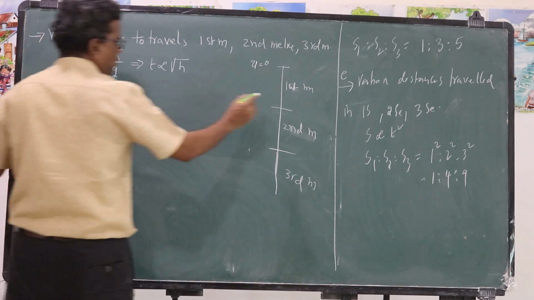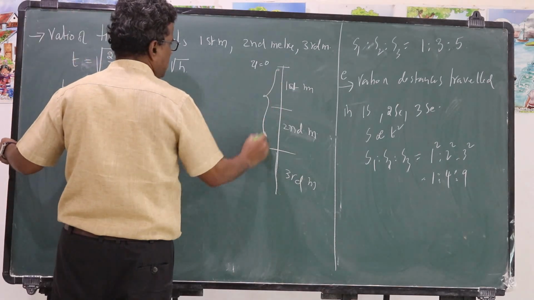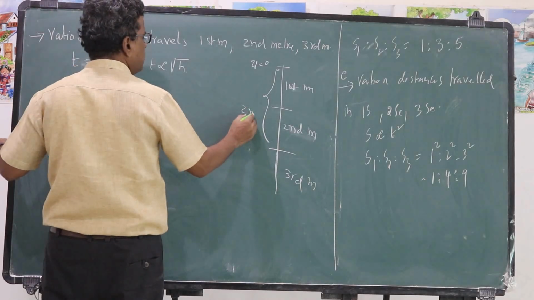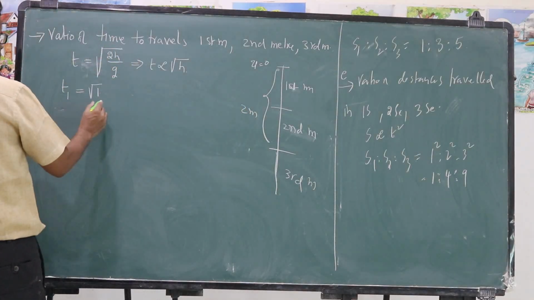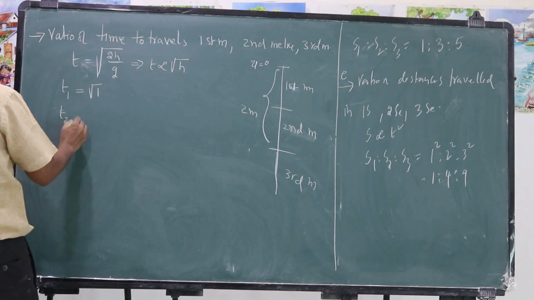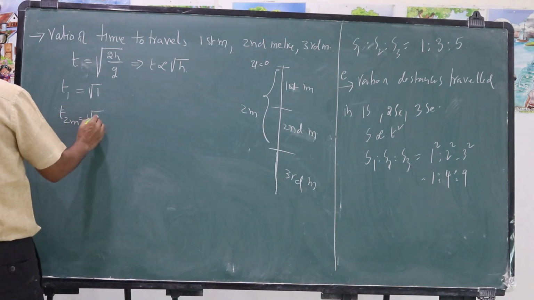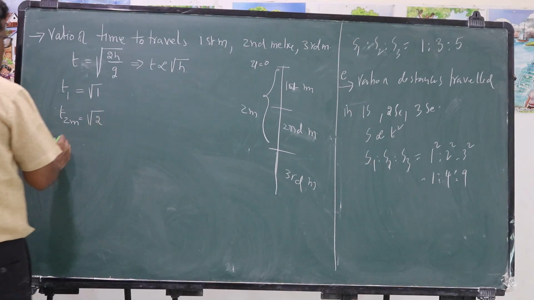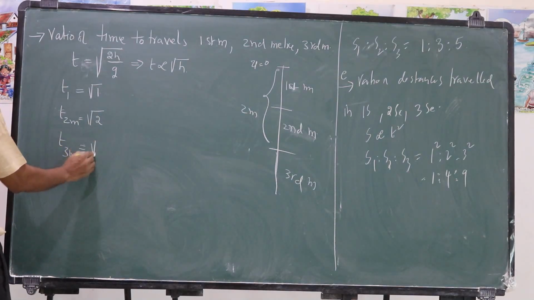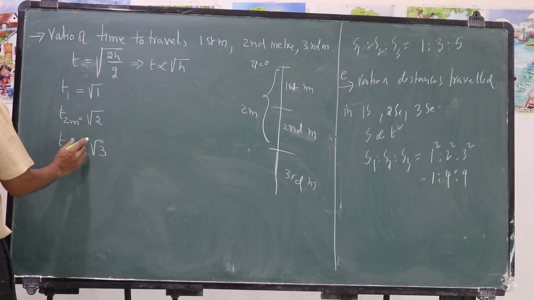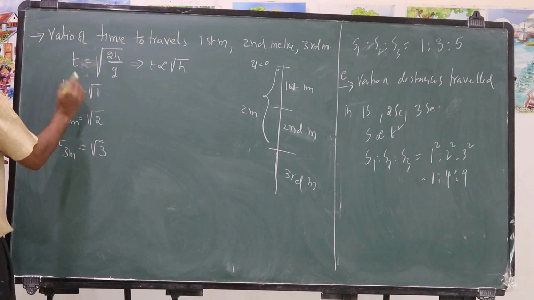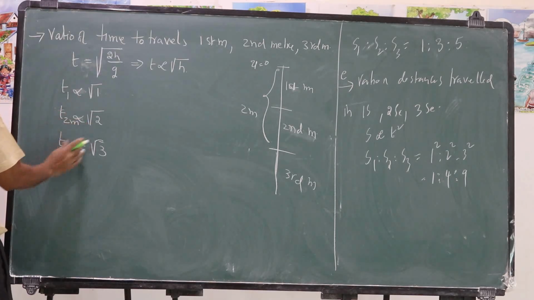For 2 meters it will take root 2. For 3 meters it takes root 3 seconds, proportional. So this is proportional, which means there is some constant.